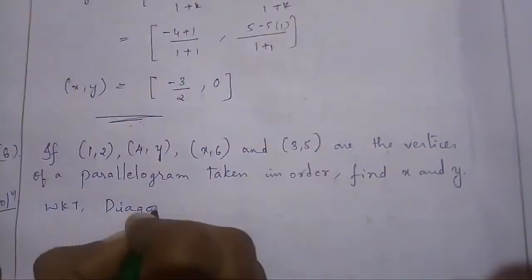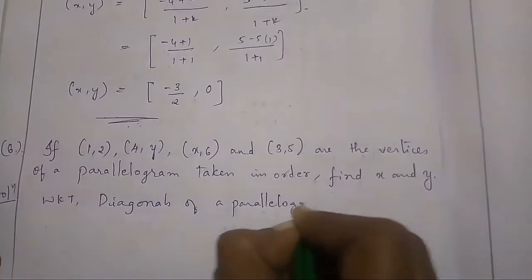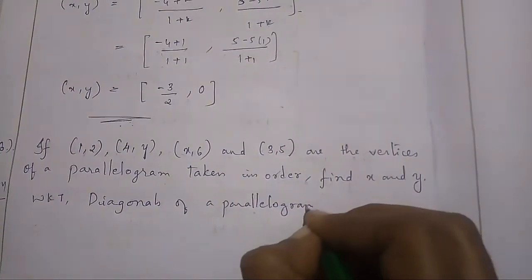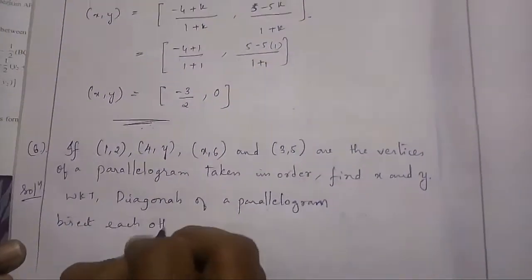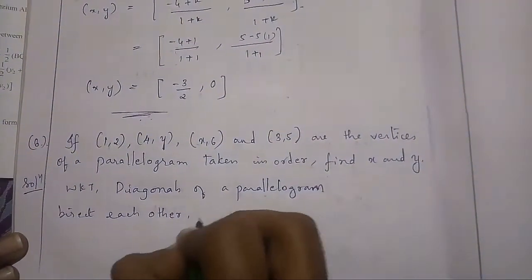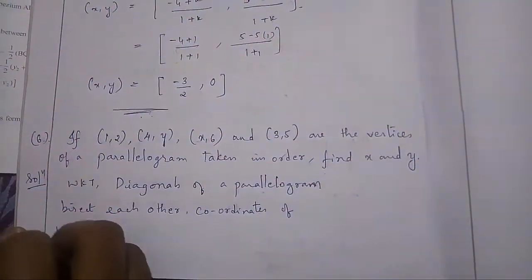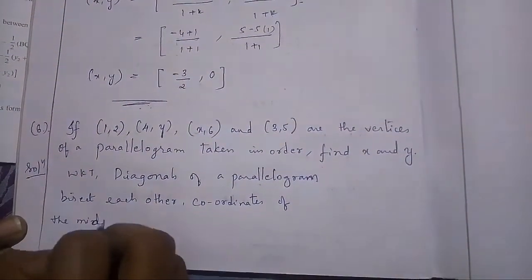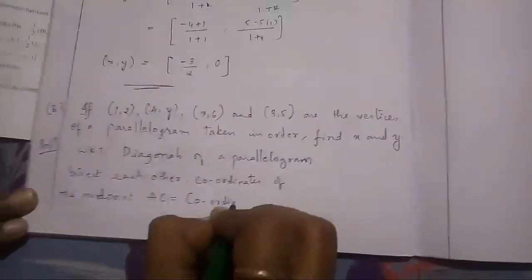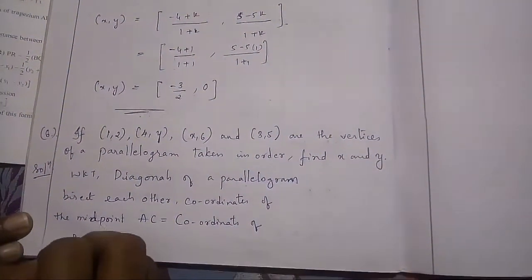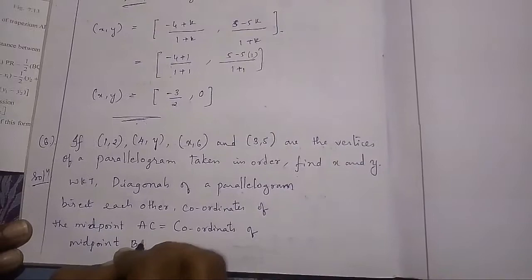diagonals of a parallelogram bisect each other, then the coordinates of the midpoint of AC is equal to the coordinates of the midpoint of BD.